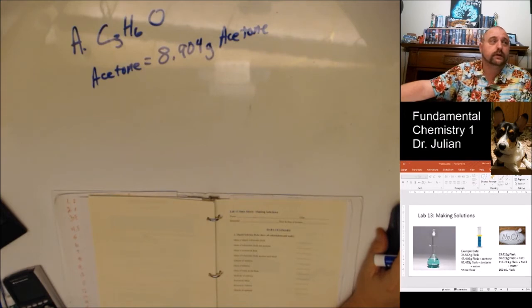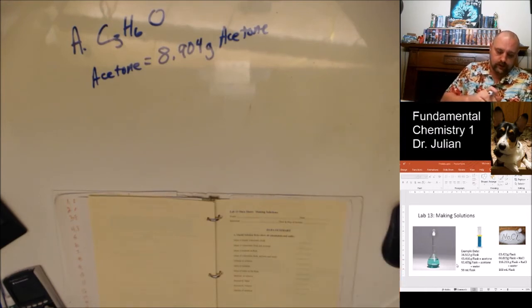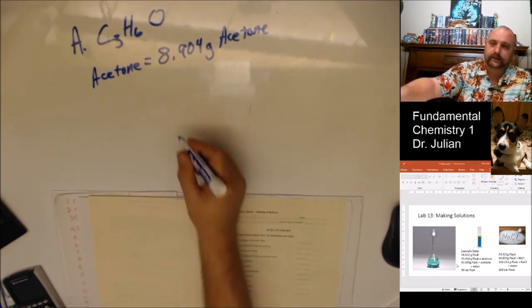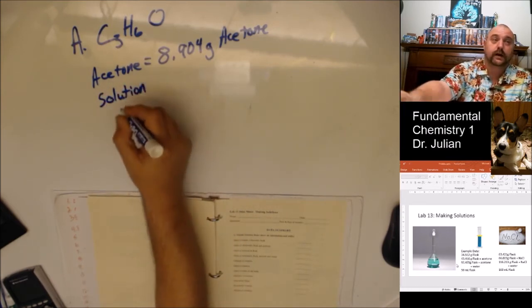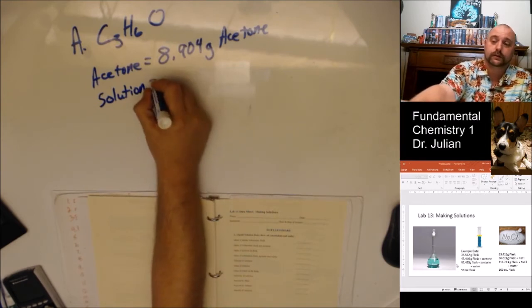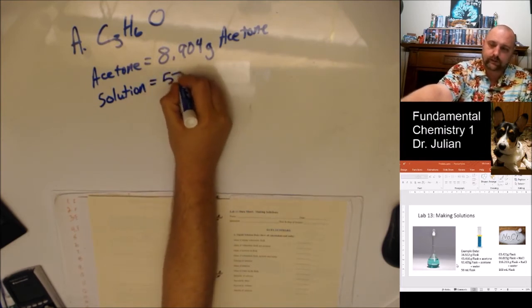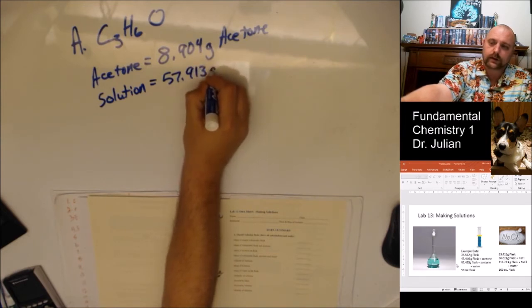So we added enough water to get up to this line, and we measured the mass, and it was 92.425. If I subtract out the flask, 34.512, I get the mass of the solution. So the solution, which has my acetone and my water, is 57.913 grams.